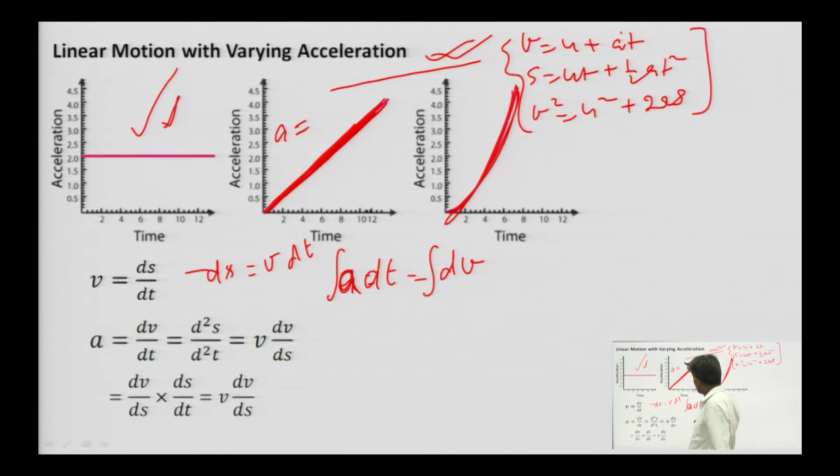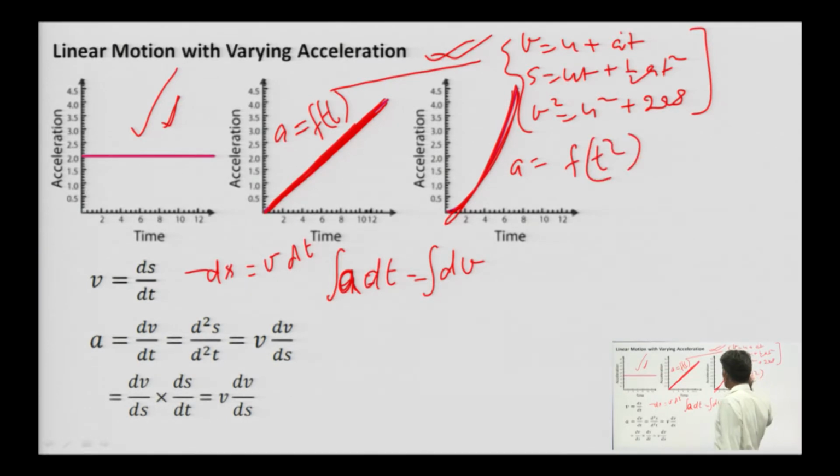So a is a linear function in t, and here it is a polynomial function in t, of order 2 or 3 or whatsoever. So here acceleration is a polynomial function with order equal to 1 in terms of t.